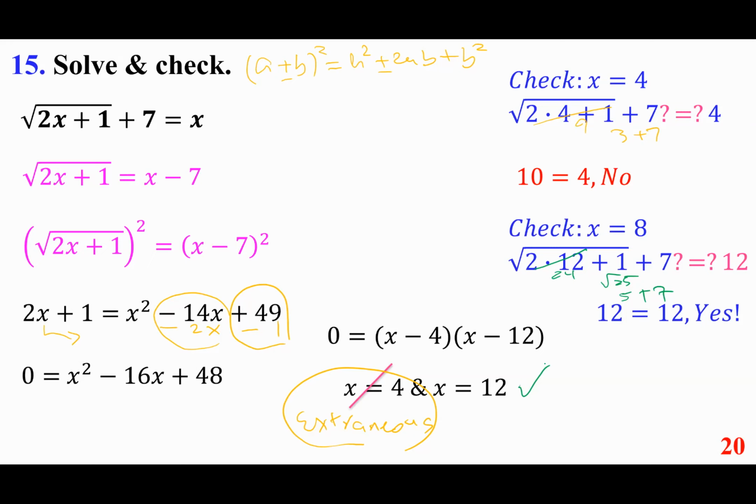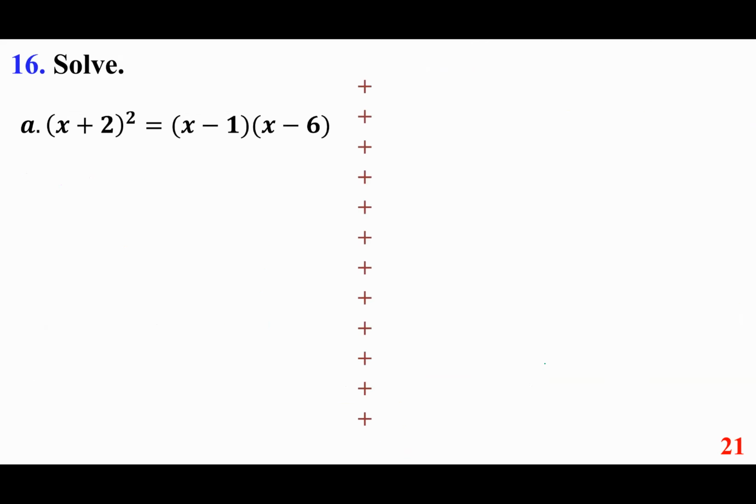We're going to move on. We want to solve this. Anytime you have a situation like this, you have to simplify, bring everything to the same side. So what do we do? This one, when you square it, becomes x squared plus 2 times x times 2, which is 4x, plus 4.